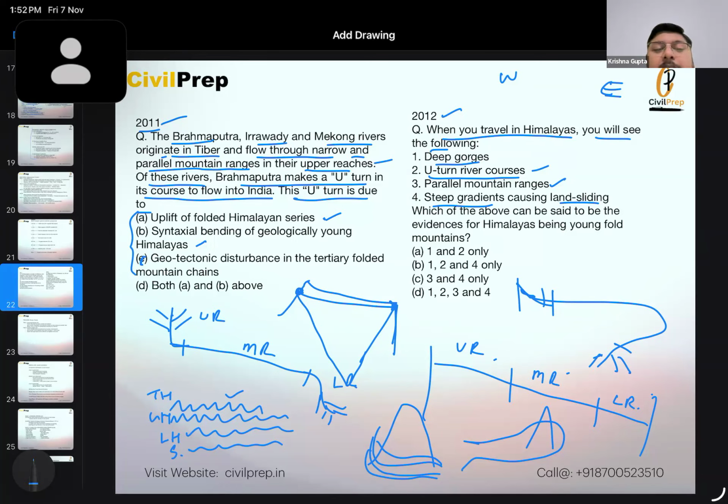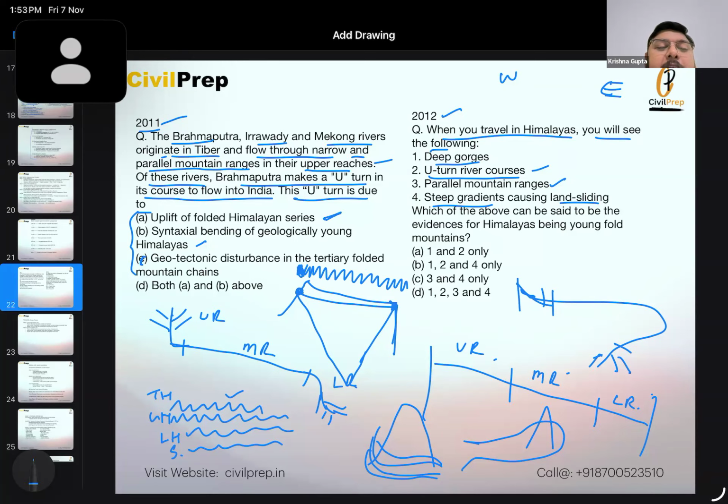Under this, we see the uplift of the folded Himalayan series. The folding first started in the northwestern region because that was the first collision. Then the process moved towards the eastern section. So yes, the uplift of the folded Himalayan series has actually taken place.